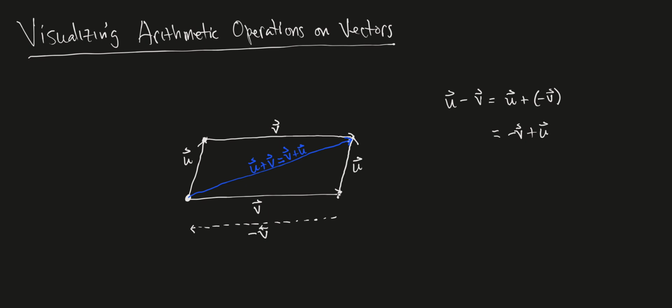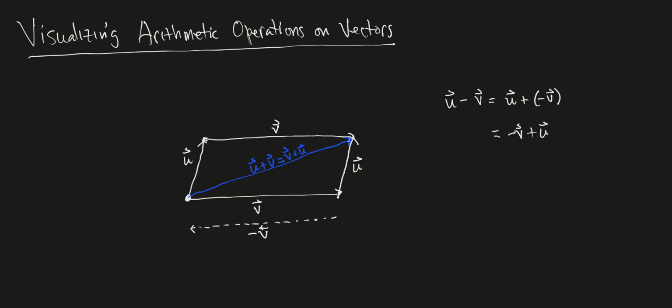If I start at this point and then go back to where v started, then I would have moved along negative v. And then if I add u to that, I would go from this point to this point.